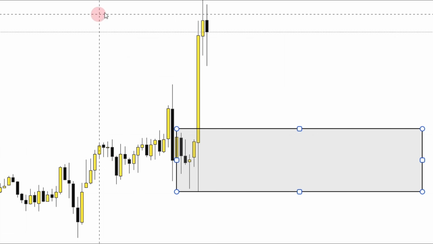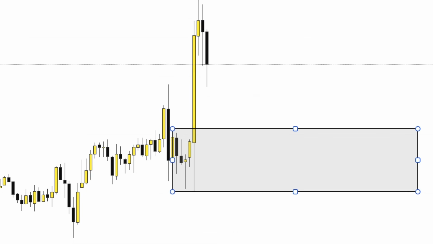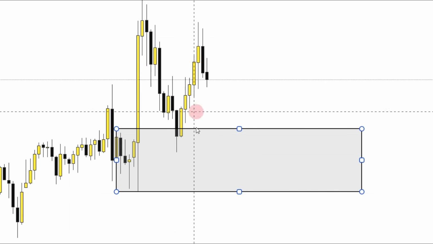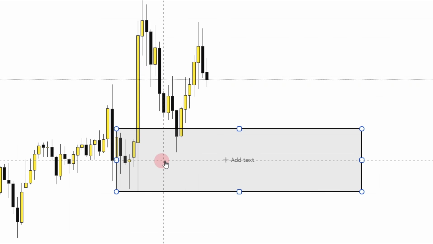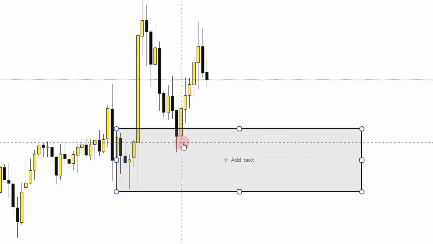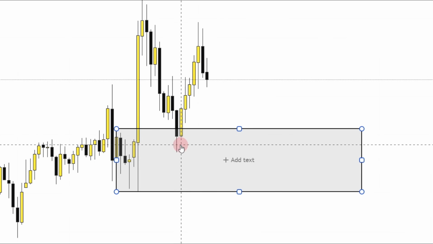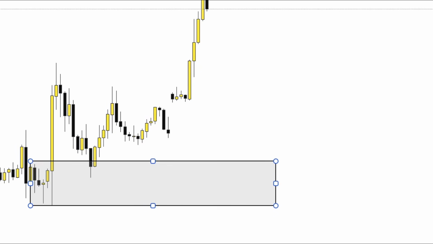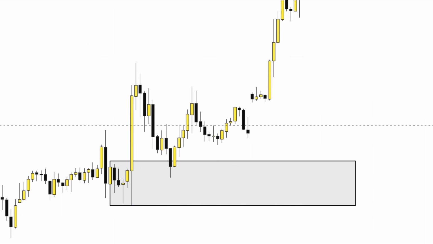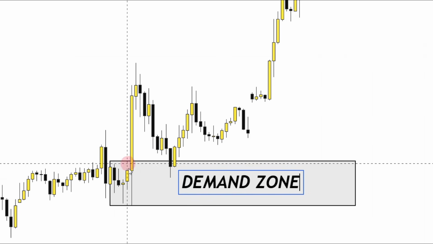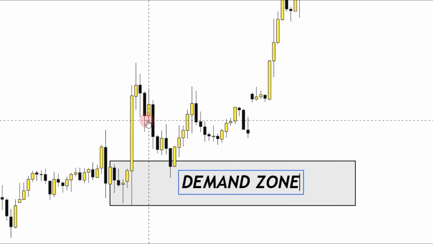Let us see what really happened. As you look at the charts, price made a pullback to this demand zone, and then pushed to the upside. So this is our demand zone. This is the displacement I was talking about. The market moves to fill imbalances.